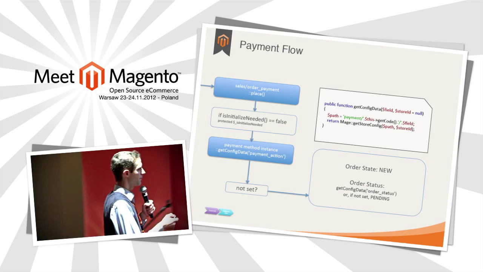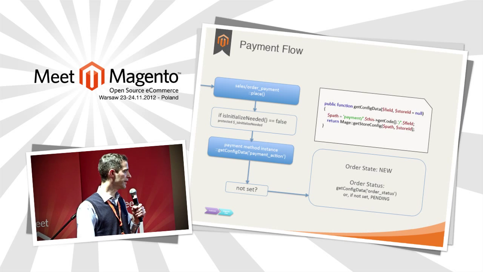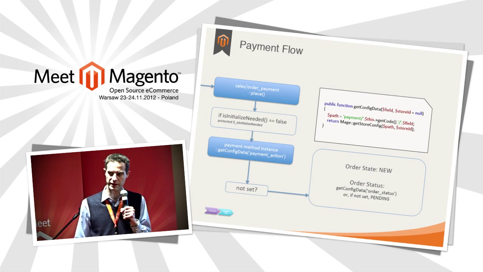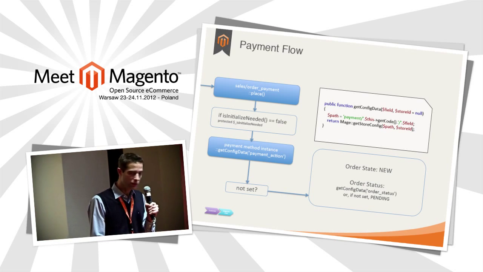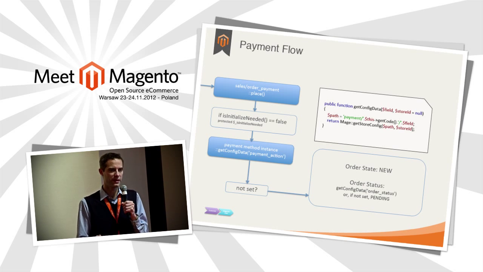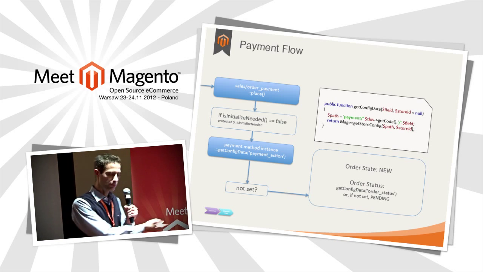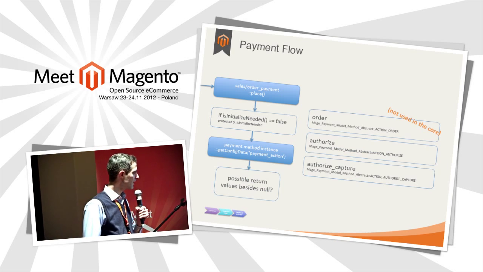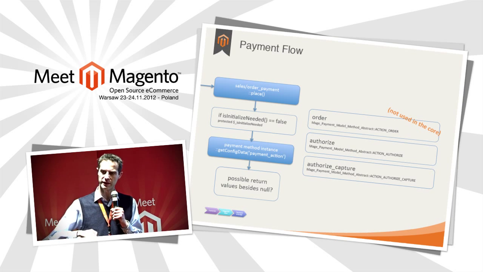What happens then is you get the order state new, and you can configure the order status, or if it's not set, it's pending. So once again, that might be all you need. If you have a very simple payment module with basically no work done, you just implement the model, but no methods, and that's what you get in that case. But if the payment action is configured, what are the possible values I can set it to?